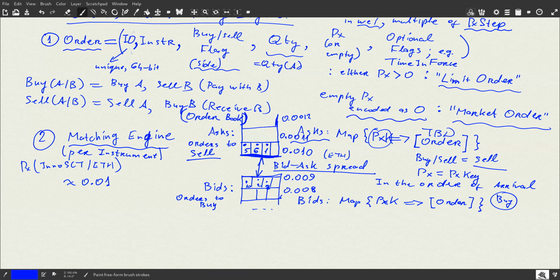Okay, so getting back to our stuff, can you tell me please, at the moment, does it look more or less clear?